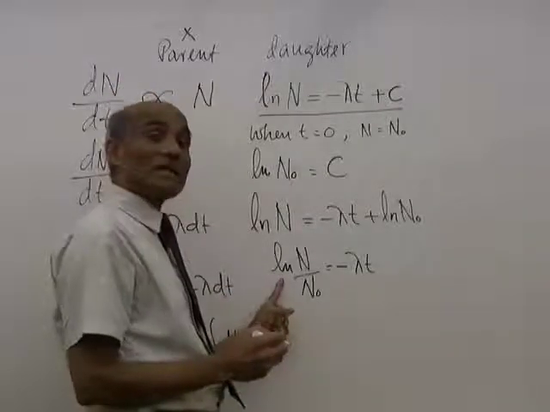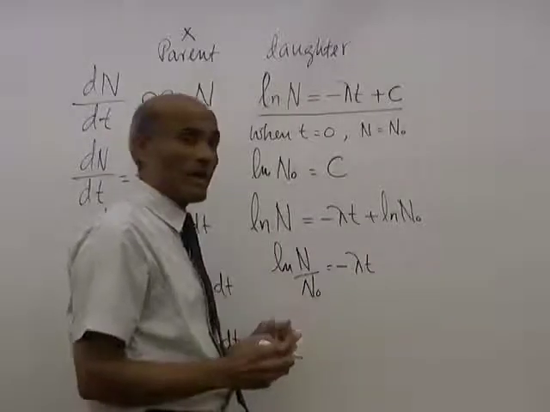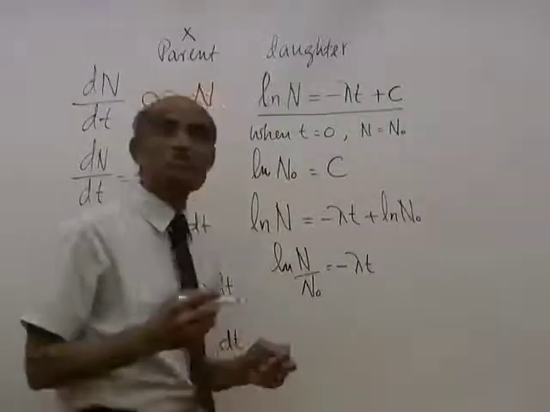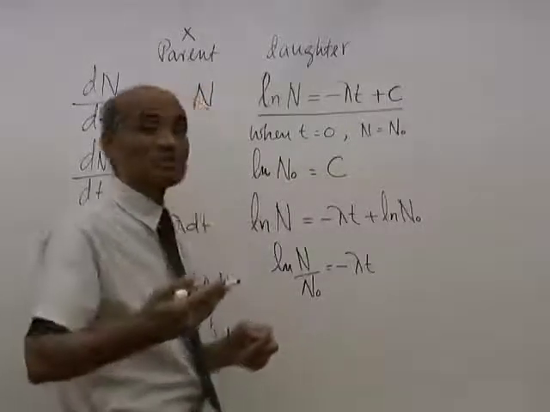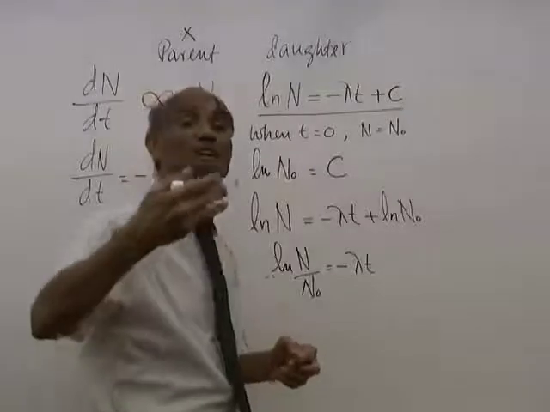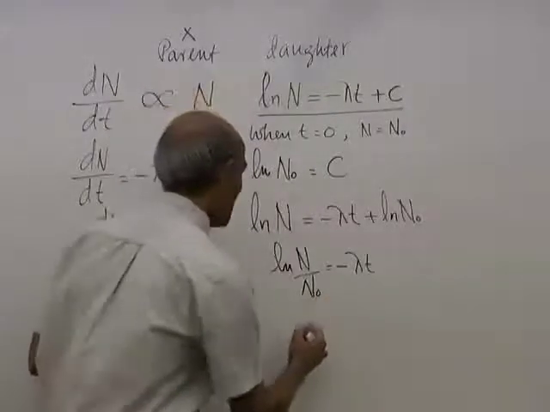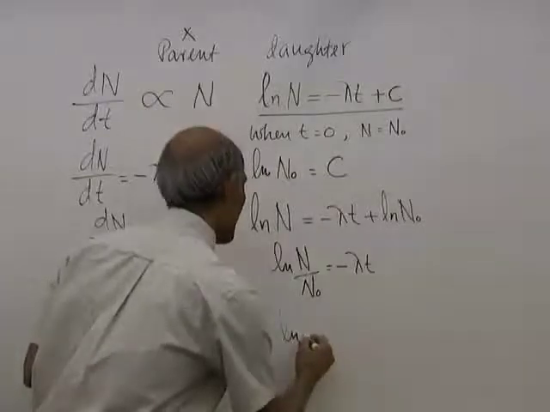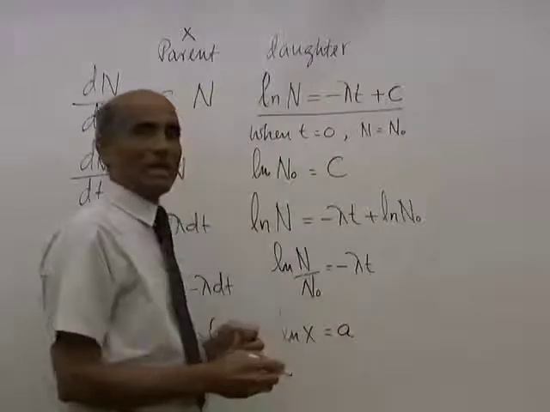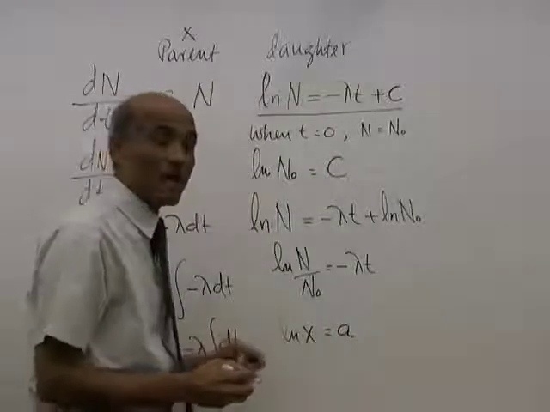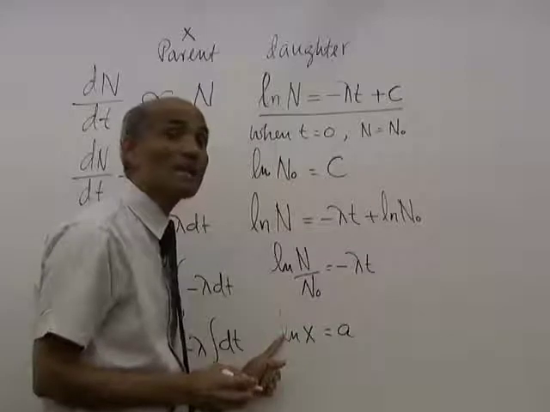Now, the left side is an ln term. How many of you know how to change an ln equation into an exponential equation? Well, if I tell you ln of x equal to a, what does that mean? You remember, ln means logarithm to the base e.